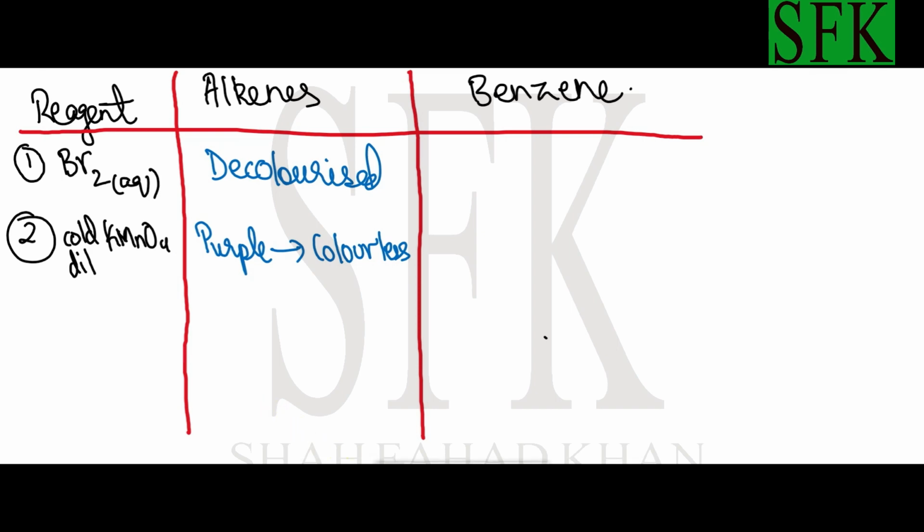There is a third test as well that we can do on alkenes, which is basically hydrogenation, that requires hydrogen gas plus the platinum catalyst at 25 degrees Celsius and 1 atmospheric pressure.